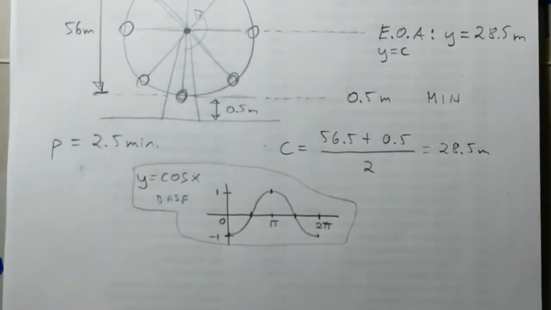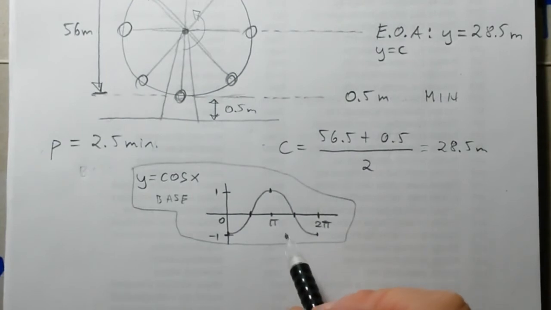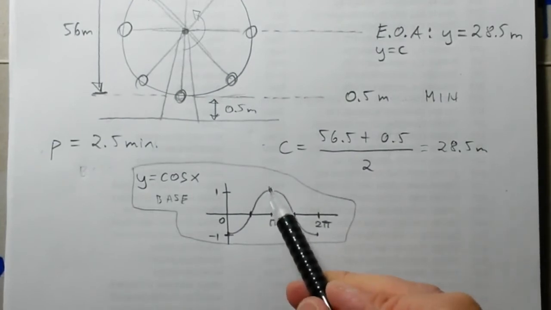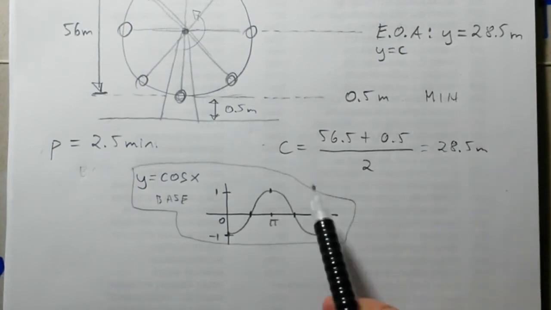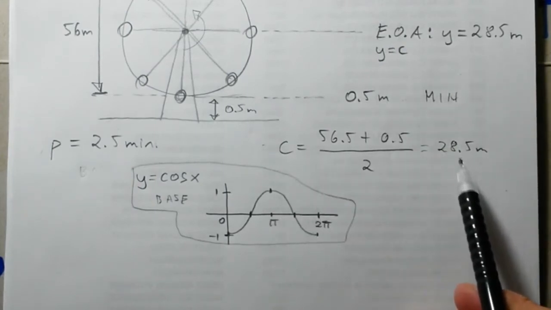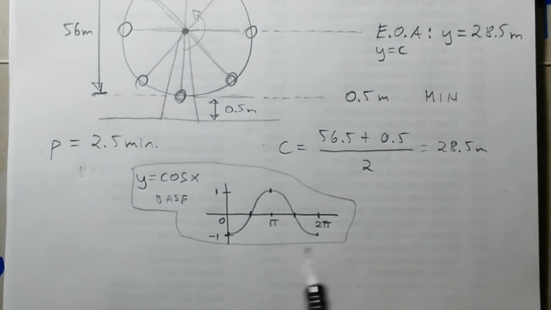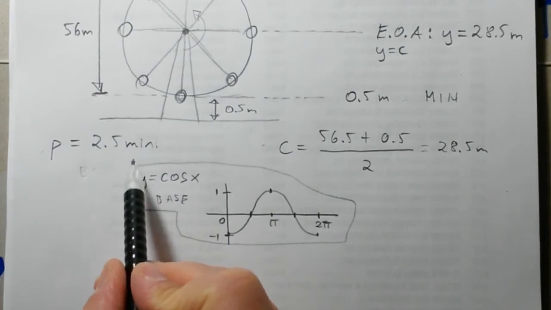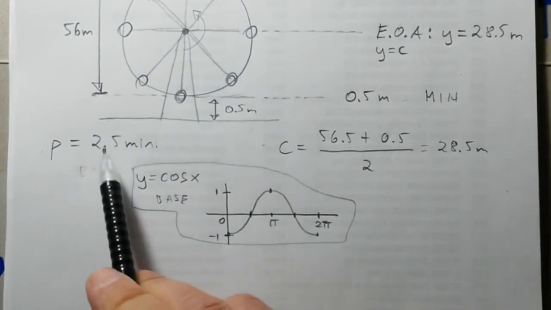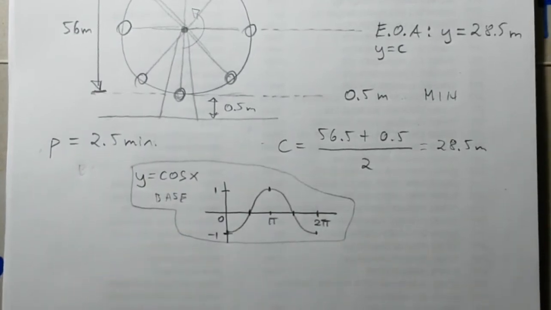Okay, good. So now that we have that, we already know the maximum, the minimum point, and the equation of axes. We got that from the previous example. We also need the period, and we have the period already. If we're going to write the equation, as I said before, we need to find the value of k.